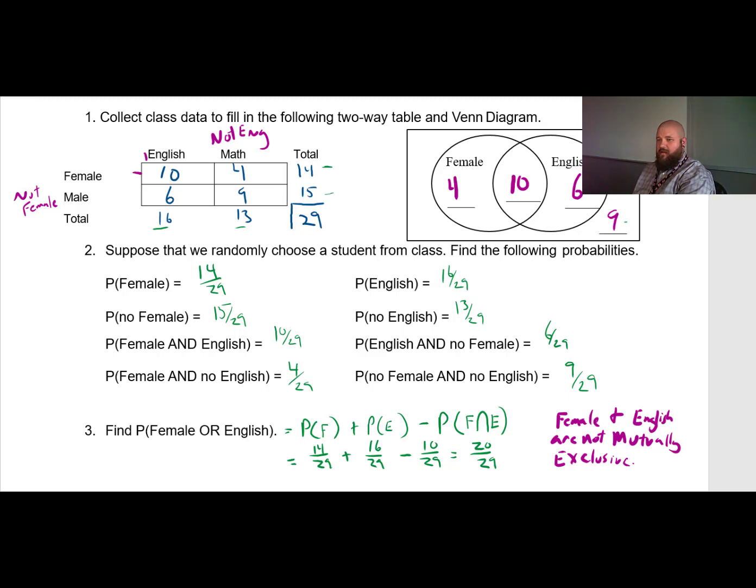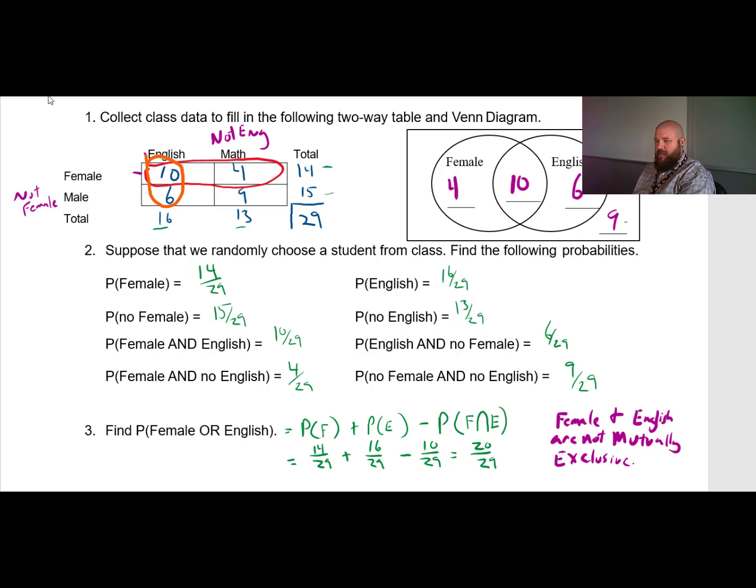Because, again, let's look at this. Initially we said probability of being female. So we took the data right here to get the probability of being female. Alright, and then we took a probability of being English we wanted to add up. So we added up the probability of being English.